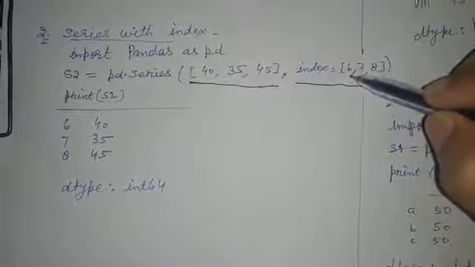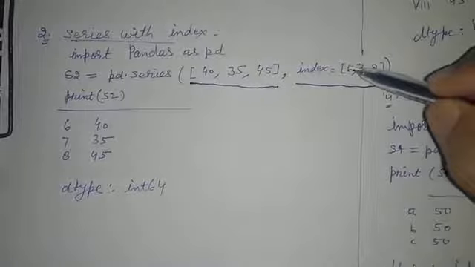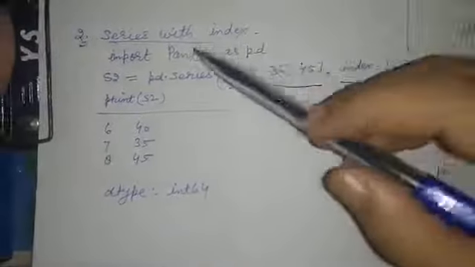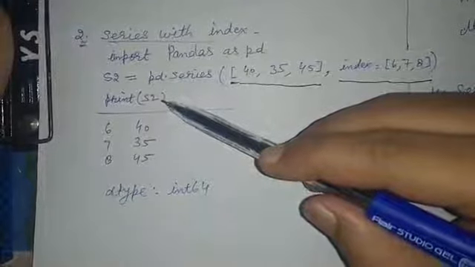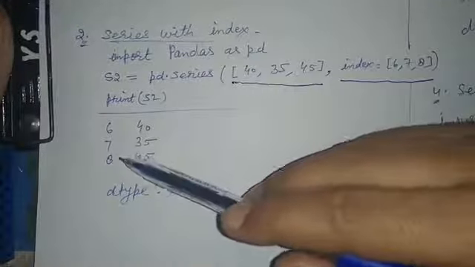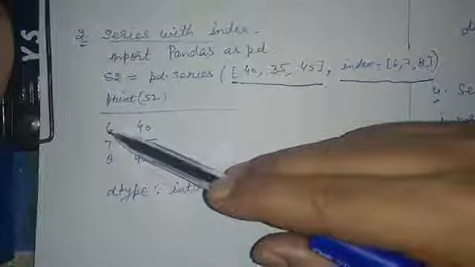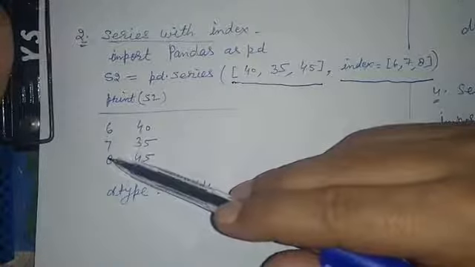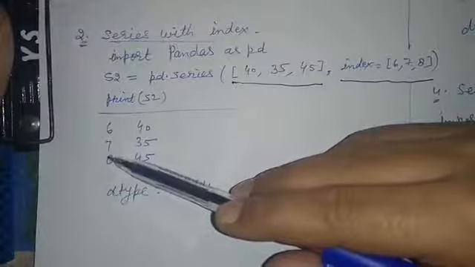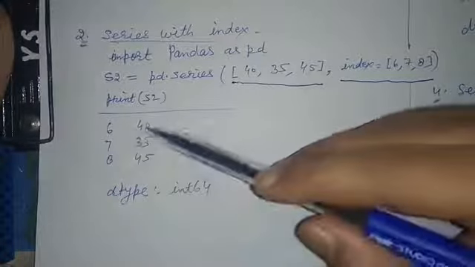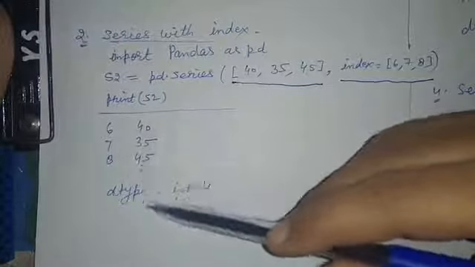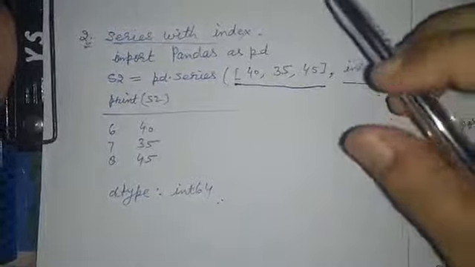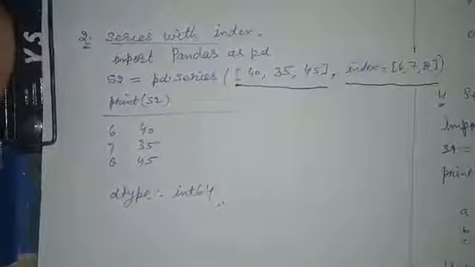Index is equal to again a list 6, 7, 8. And as soon as you print the series s2, you will see the output that indexes are defined as 6, 7, 8. This facility is not available in NumPy and list. This is our actual data. dtype is equal to integer. So I think these two methods are clear to you.